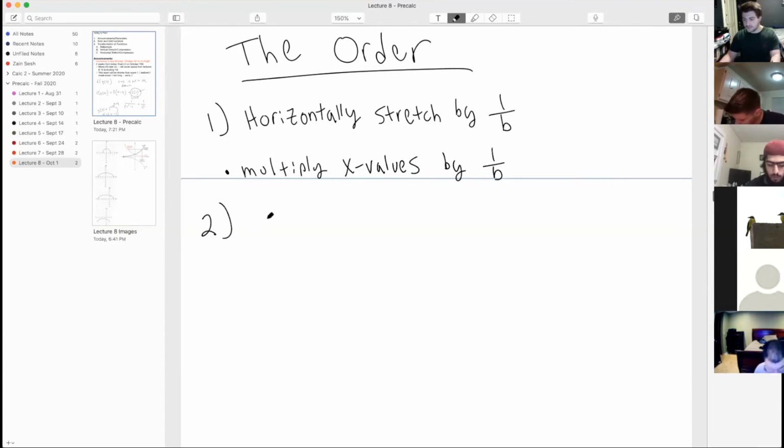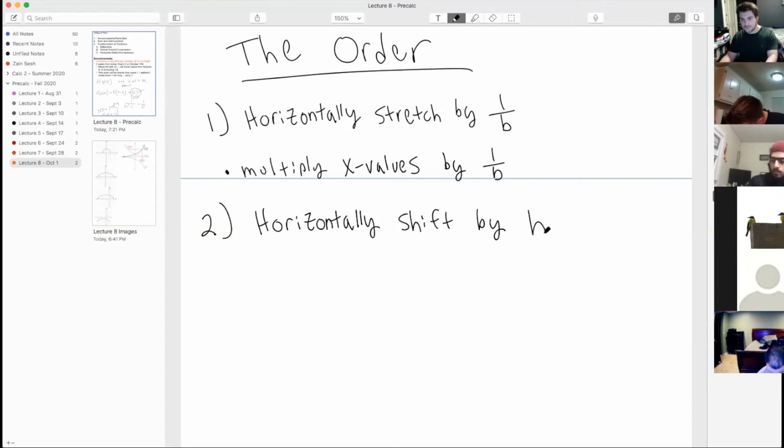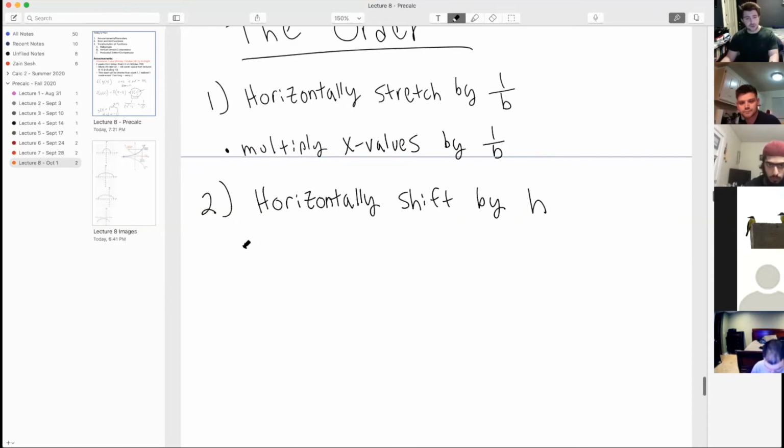Number 2, horizontally shift by h. And remember the algebraic interpretation of that?